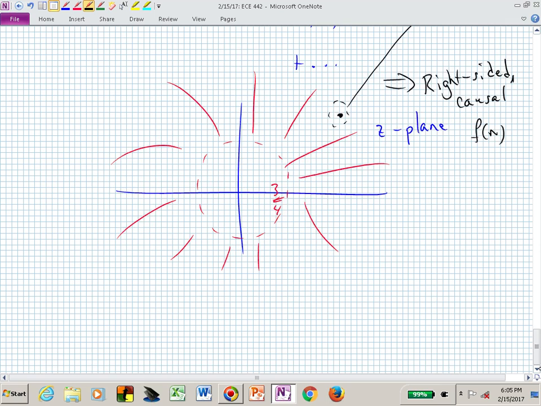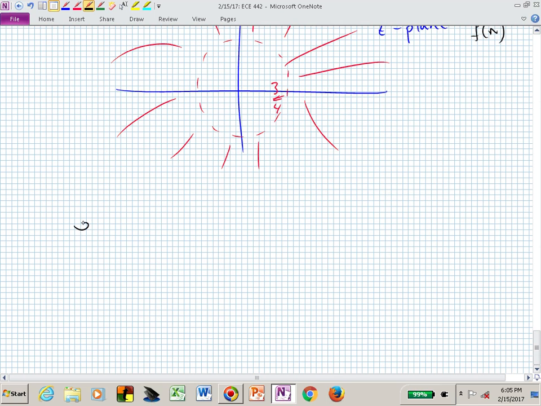And again, you could do this with your calculator. You could issue the expand command.